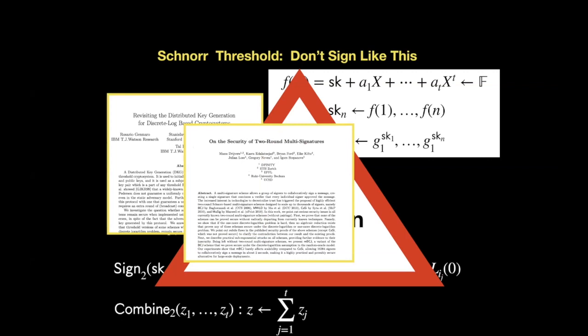However, there was also a paper that came out a couple of years ago, which basically pointed out that a lot of the security proofs in multi-signature schemes don't work. And the reason why they don't work is because the reduction is essentially reducing things down to the one more discrete log problem.